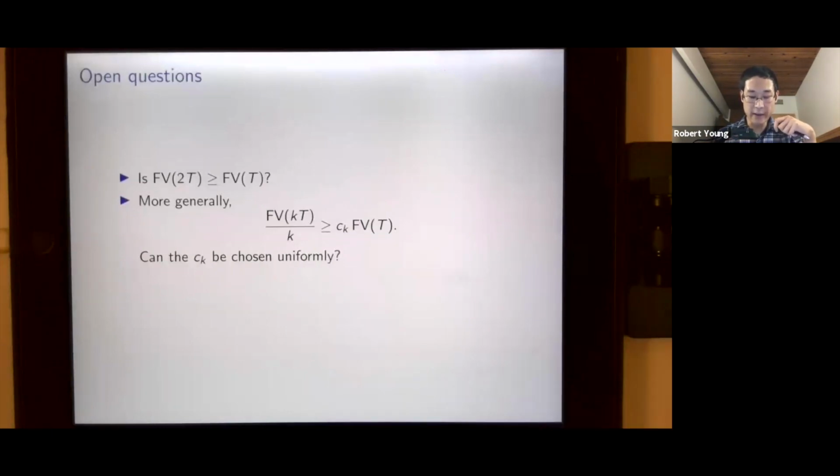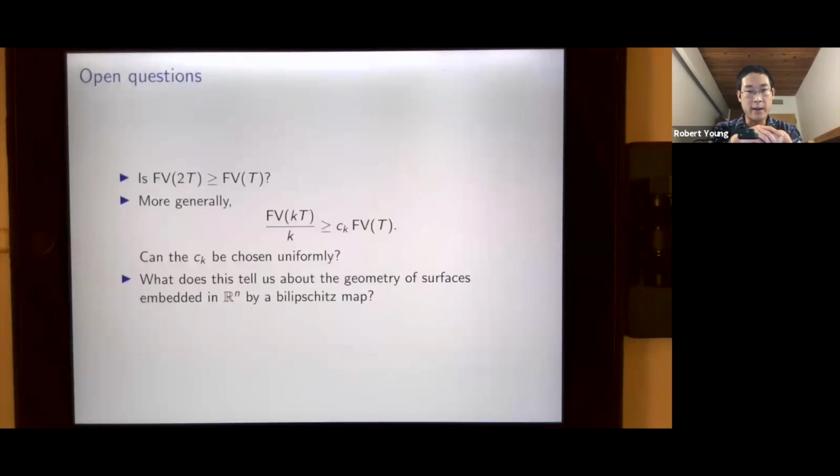And then finally, a broader question. You can define this notion of the non-orientability of a surface pretty generally. We defined it for surfaces embedded in Rn, but any metric space embeds in L infinity. And so you could define the non-orientability of an arbitrary Riemannian surface by embedding it in L infinity by an isometric map, and then looking at non-orientability in L infinity.